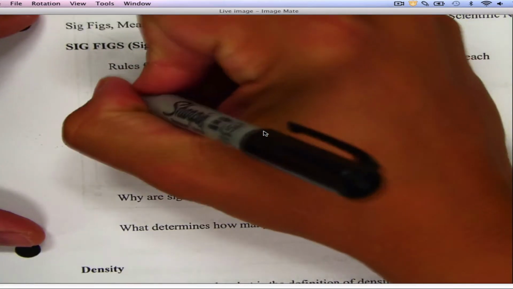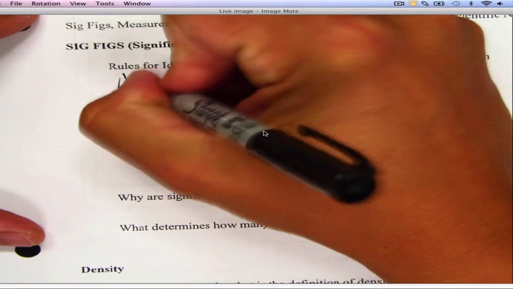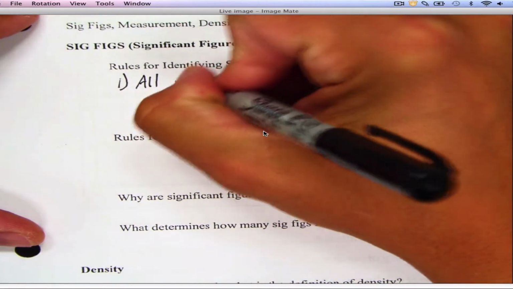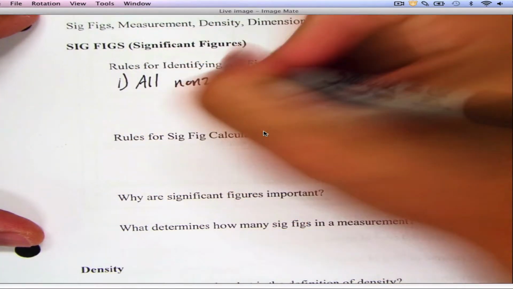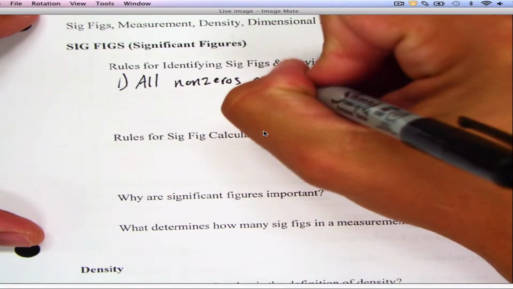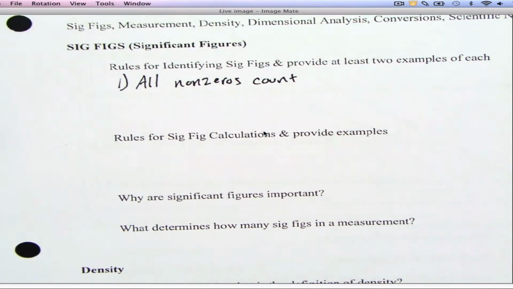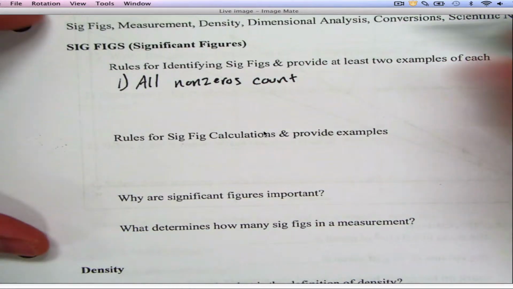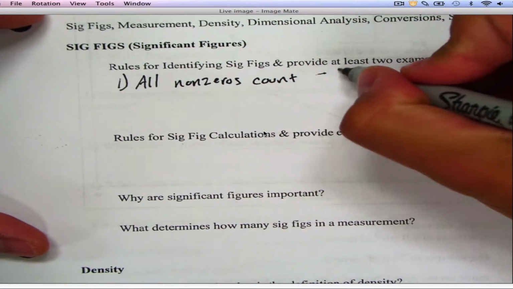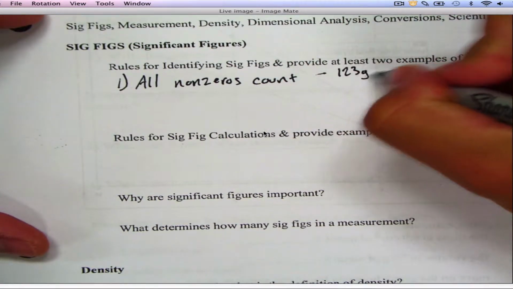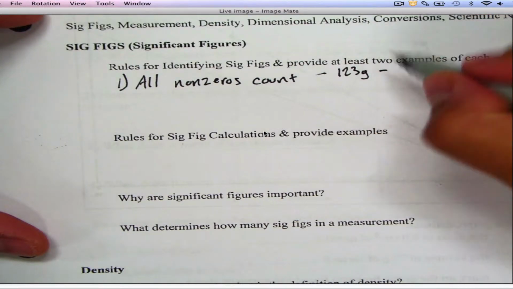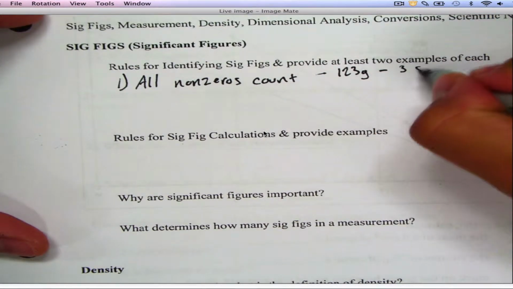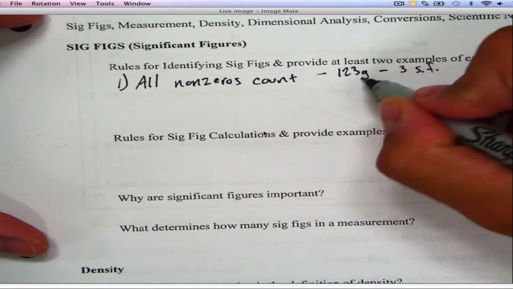First rule, all non-zeros count. Okay, so obviously non-zeros would be anything from 1 to 9. All right, so 1, 2, 3, 4, 5, all that stuff. They're all non-zeros. So an example of a non-zero that we're talking about could be like 123 grams, and that has 3 significant figures because they're all non-zeros.